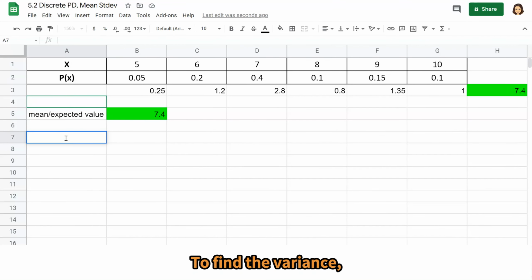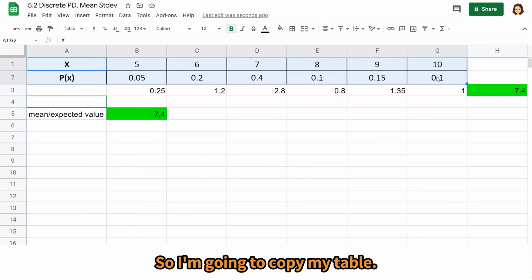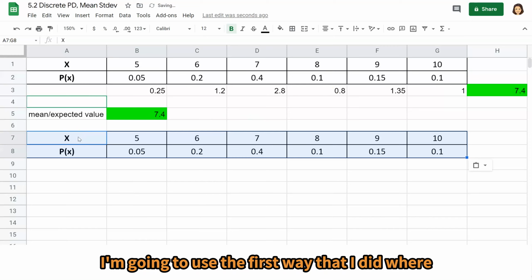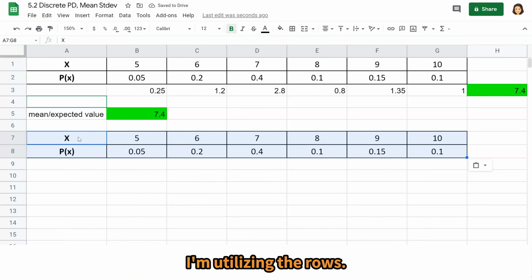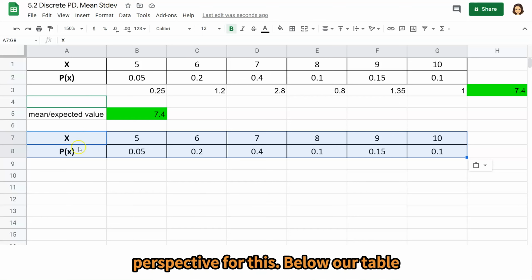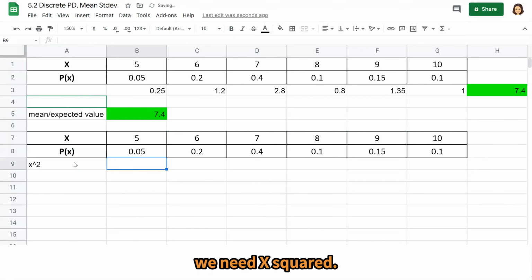To find the variance, we need some more. So I'm going to copy my table. I'm going to use the first way that I did it, where I'm utilizing the rows. When we did it by hand, we used a column form, so I'm giving you a different perspective for this. Below our table, we need x squared.